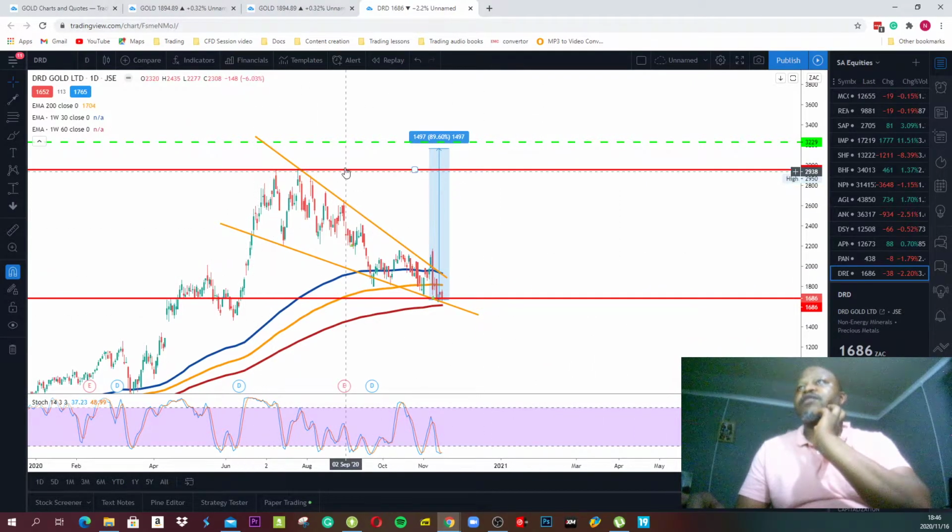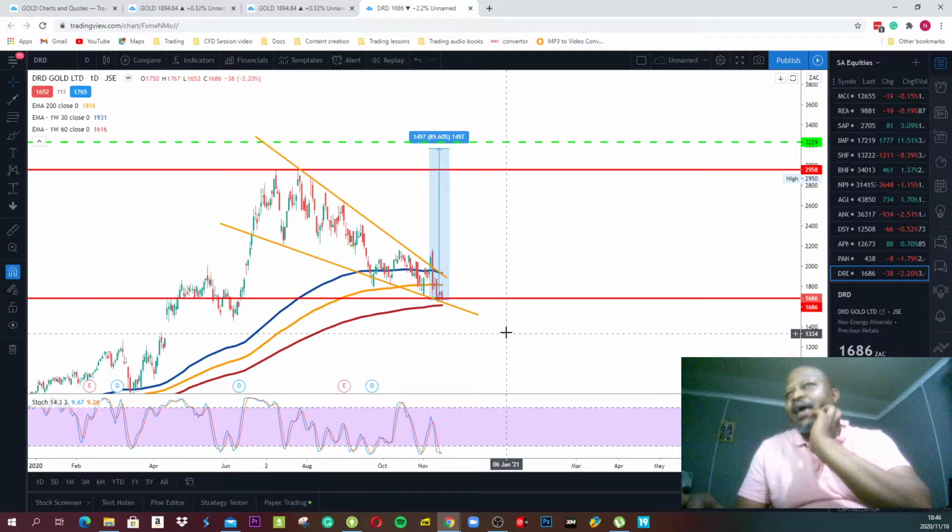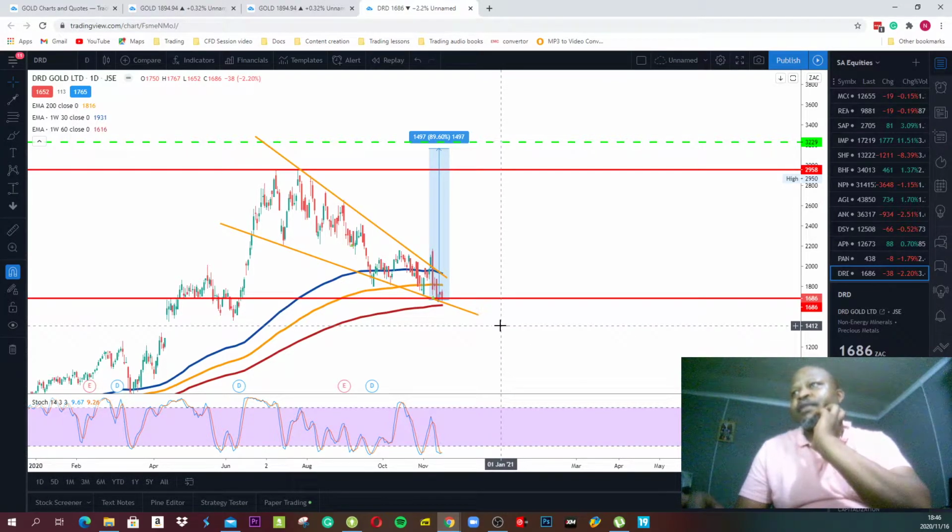So what I'm looking for is to target the height of the falling wedge with a stop loss, a quite tight stop there, or perhaps even give it a little bit of room around the 14 rand level.